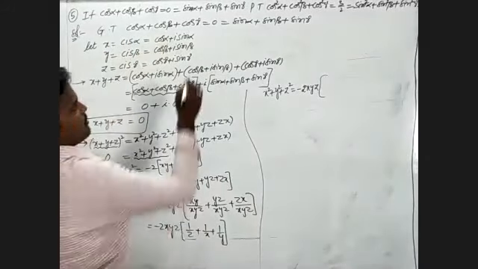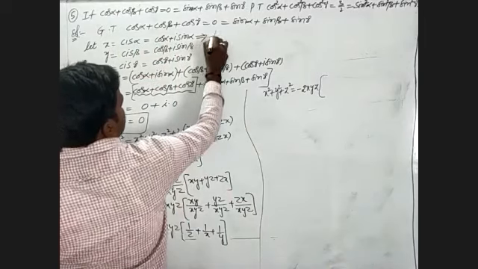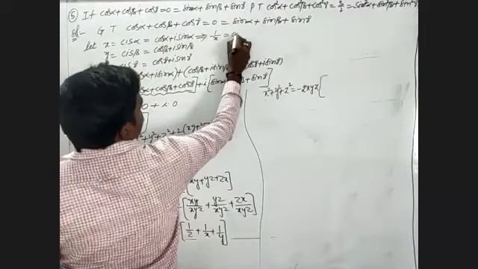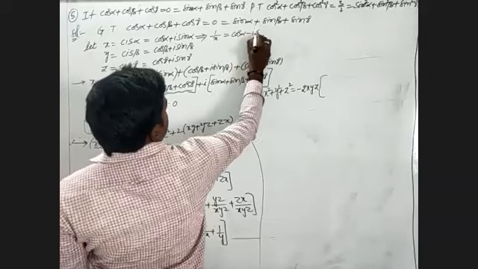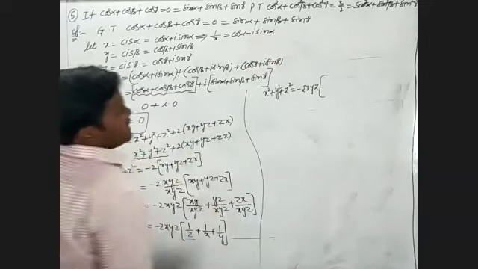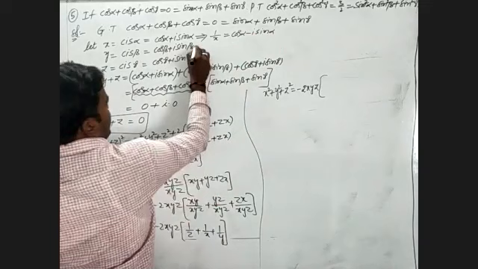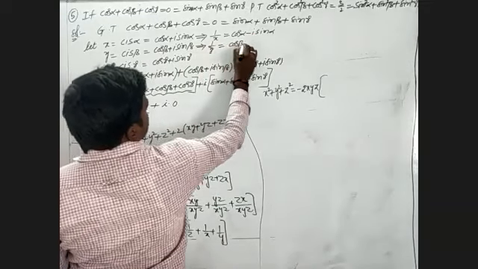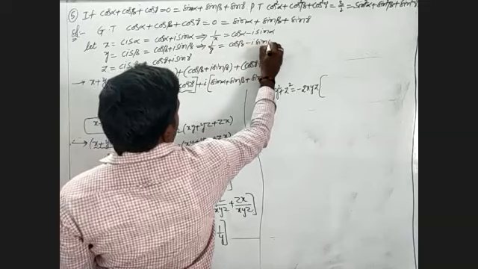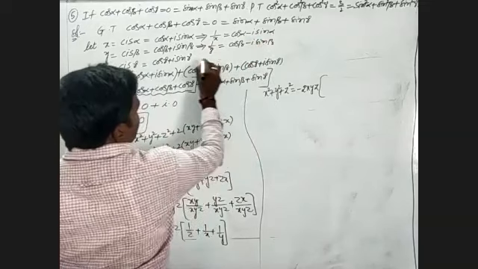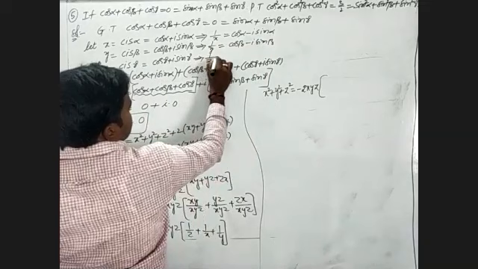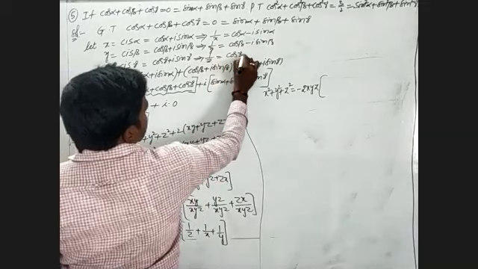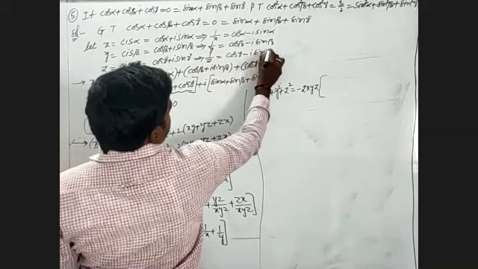Where x is cos alpha + i sin alpha, that implies 1 by x, the multiplicative inverse, is cos alpha minus i sin alpha. Again, 1 by y is cos beta minus i sin beta. Now 1 by z is cos gamma minus i sin gamma.